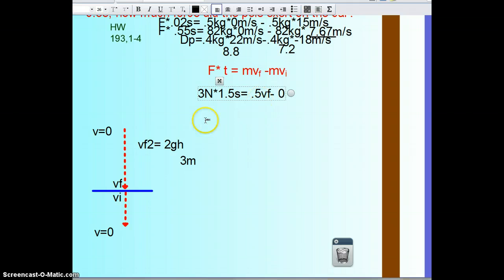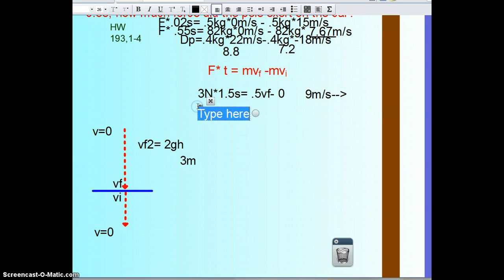You divide by the half to get it alone, and 4.5 divided by 0.5, you're going to get a VF of 9 meters per second. Now, here's where we got to start talking about directions. 9 meters per second to the right, because the force is to the right, it was at rest. So I'm just going to do this here. To the right.